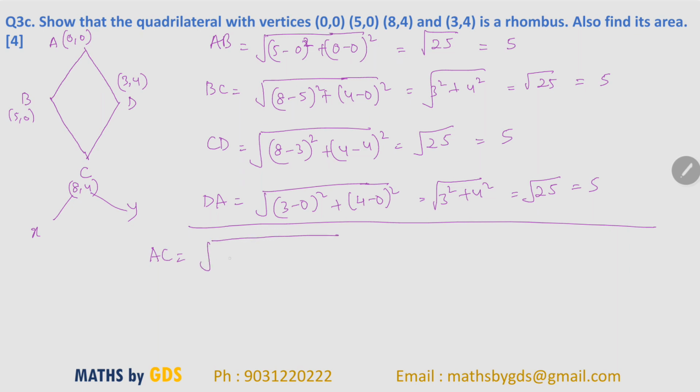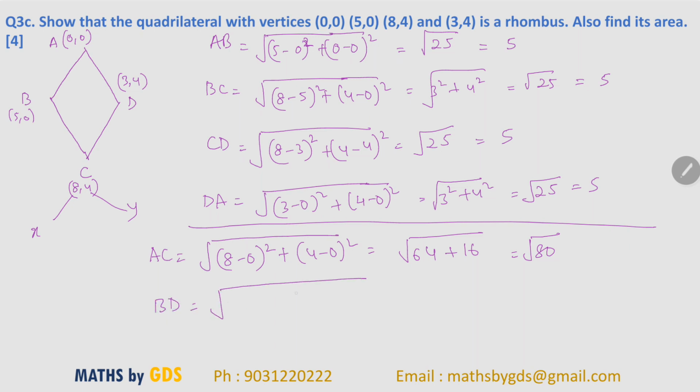AC is equal to under root of (8 minus 0) squared plus (4 minus 0) squared, which gives us 64 plus 16, alright, which is under root of 80. Now let's see what we get from BD.